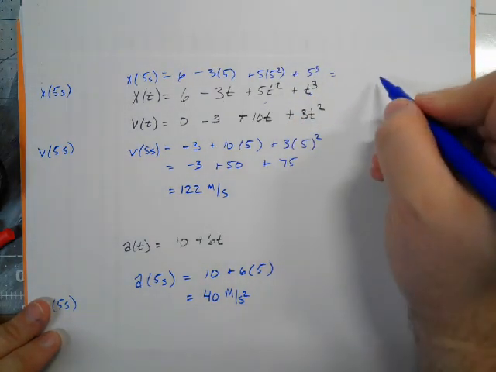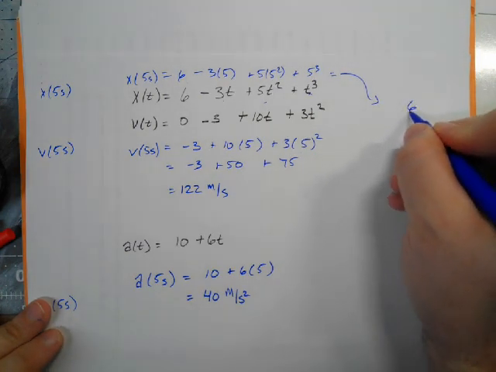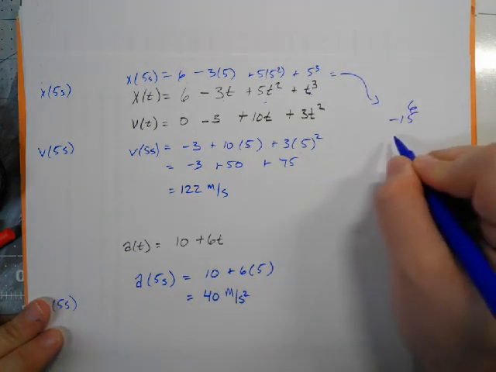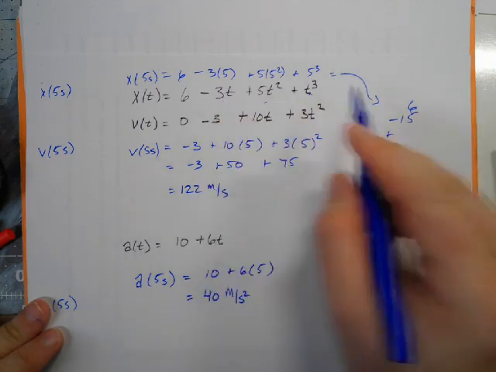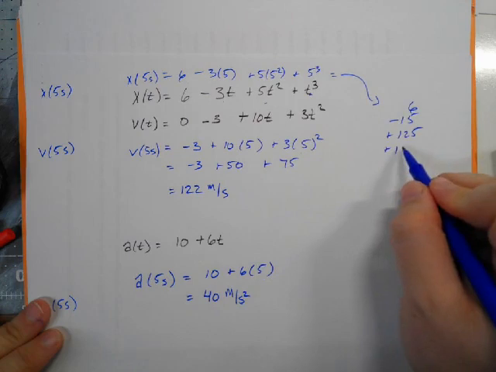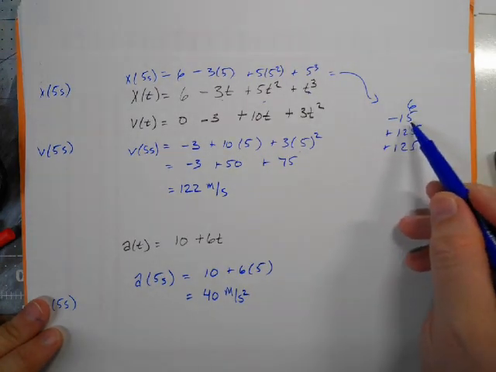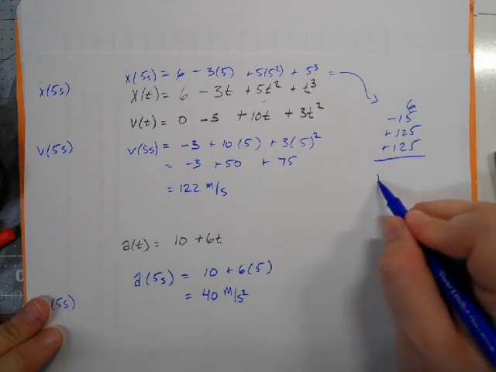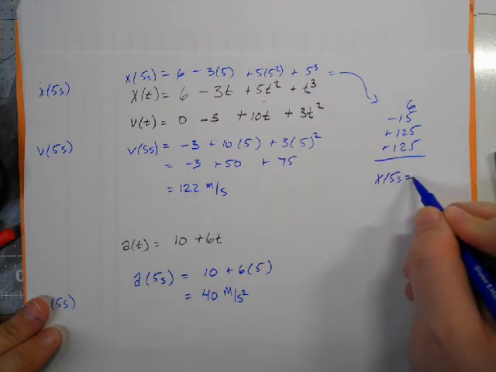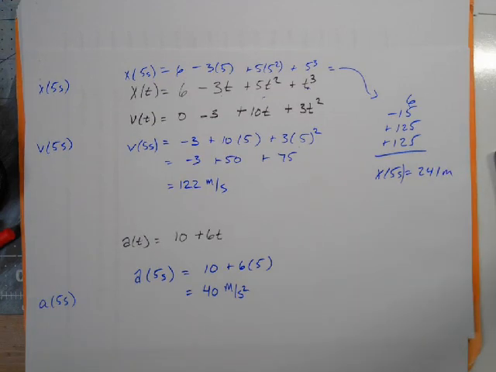And that is, let's see, 6 minus 15 plus 5 times 25 is 125 plus 5 cubed is 125. So we have 250, 235, 241 meters. It's that simple.